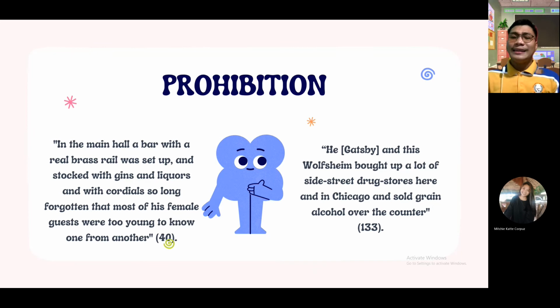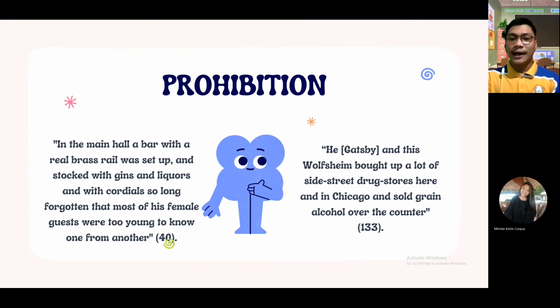So you see that even though it was illegal to buy or drink alcohol, it was common to have alcohol at parties, as I have mentioned a while back and as it is depicted in our novel, The Great Gatsby.